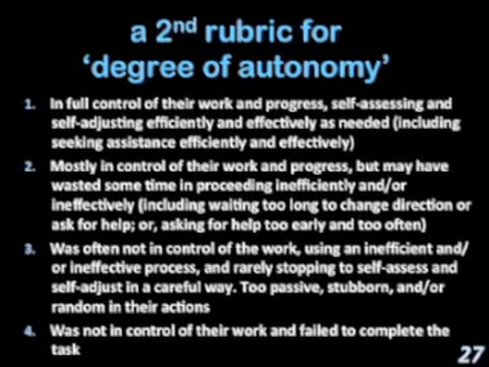Here's an additional rubric that you can use to signal to students that we don't want you to just go off independently and flounder. Failing independently is not our goal. We want to acknowledge that there are also situations in which asking for help is a measure of autonomy.